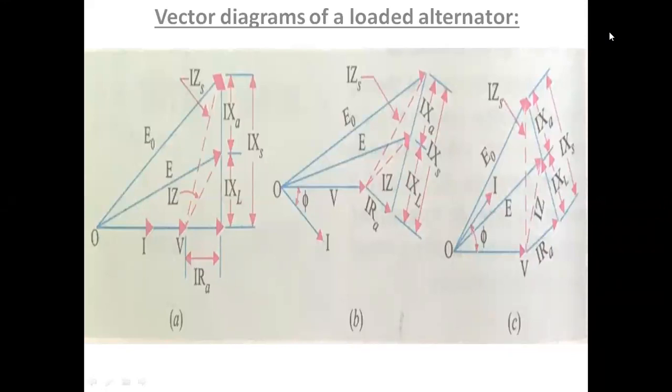So here I am writing the formula. E is equal to V plus I into RA plus J into XL, that is, V plus I into (RA plus JXL).